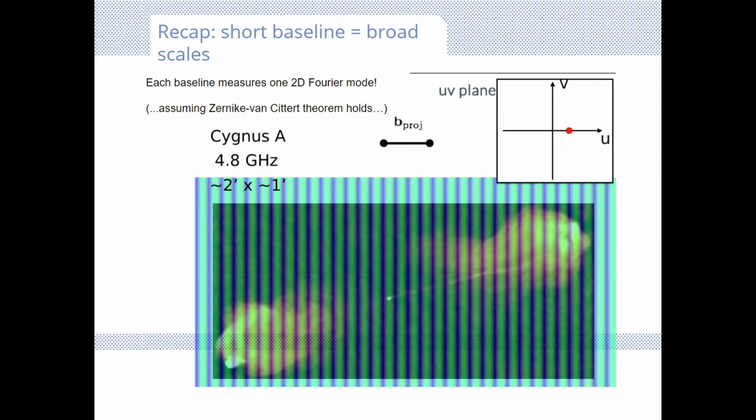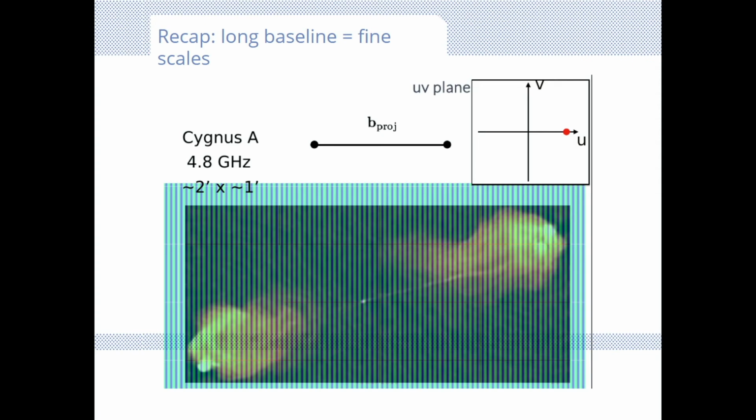That will result in the fringe being sensitive to the broad-scale structure on the sky in this particular instance. Now we look at the case where we move the antennas further apart, along the same direction. You see that the fringe now becomes much more compact. If you integrate over that fringe, it has the effect of being sensitive to all the very fine-scale structure in the image, so things like points and edges on the sky.